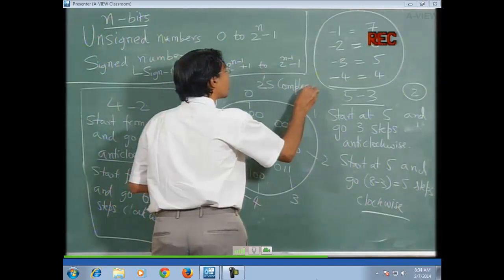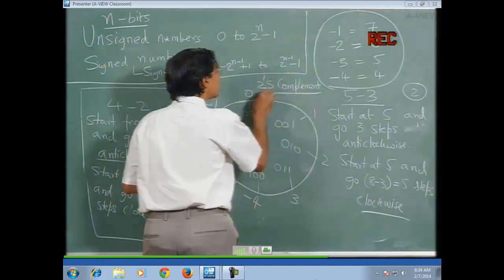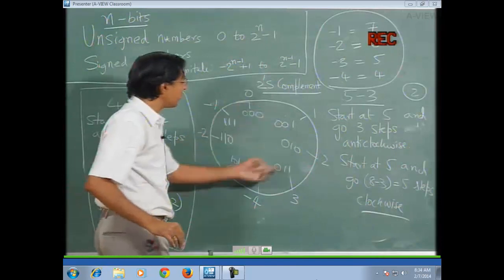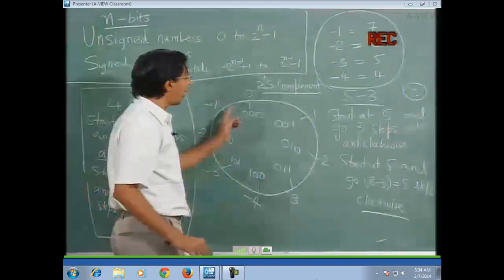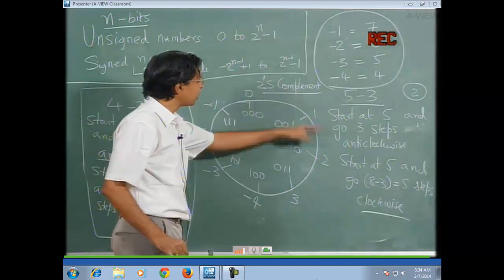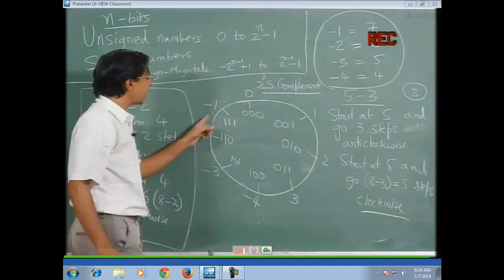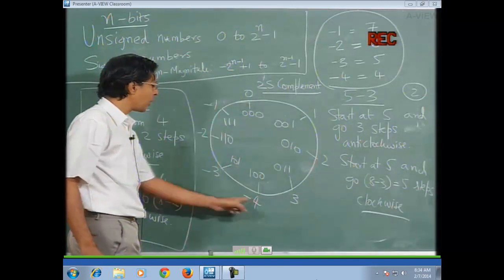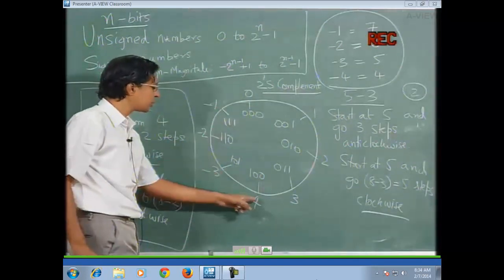Why it is called 2's complement, I will explain towards the end. But what we have done is simply listed all these numbers as a cycle, and all the positive numbers are increasing from 0 to 3. All the negative numbers, wherein the most significant bit is 1, from 0 anti-clockwise I have numbered them as -1, -2, -3, -4.